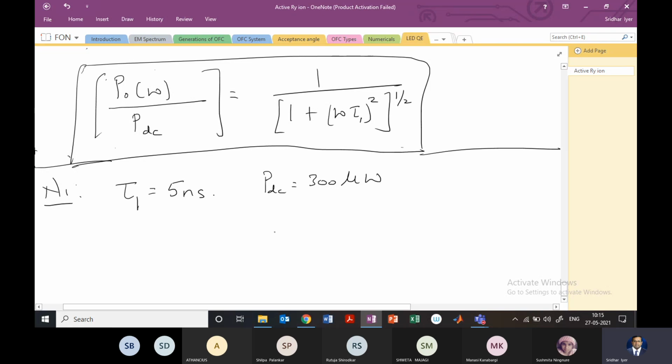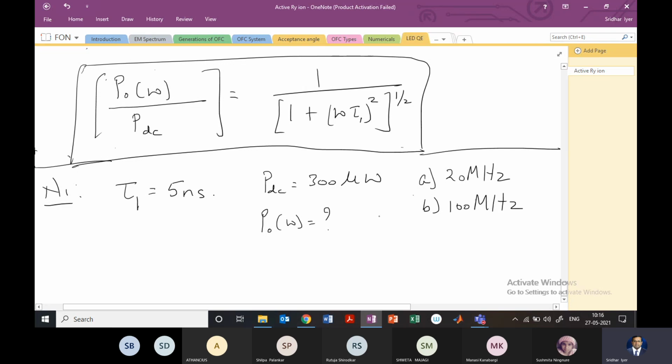The question is to determine the optical output power when the device is modulated with an RMS drive current corresponding to the DC drive current at frequencies of A, 20 megahertz and B, 100 megahertz. That means we need to find P naught of omega at those two frequencies.